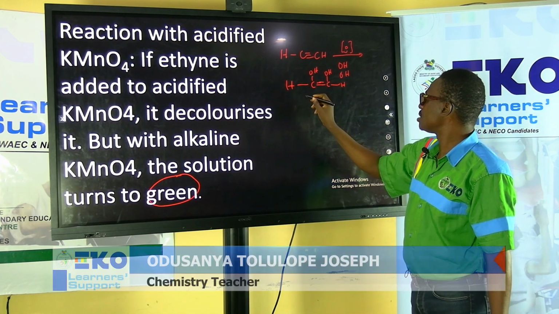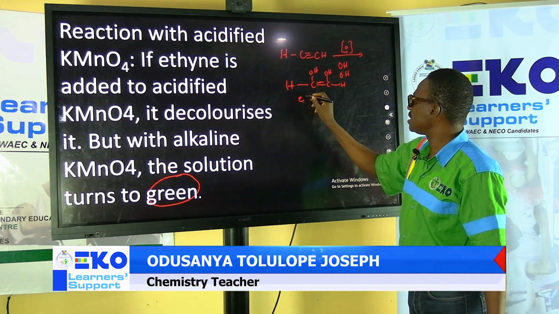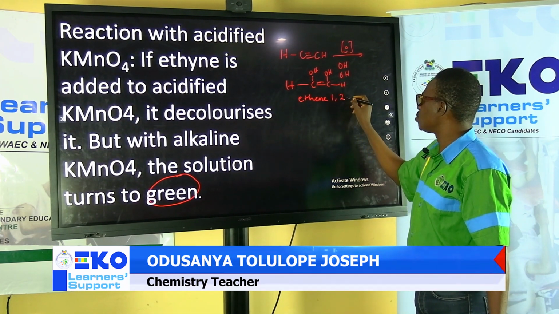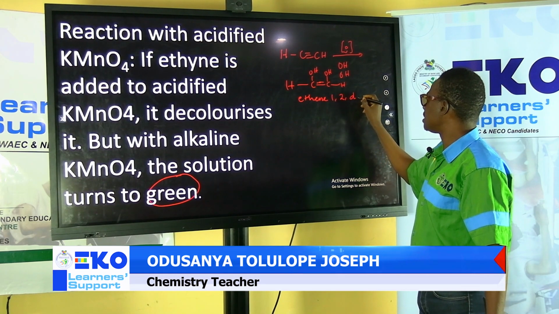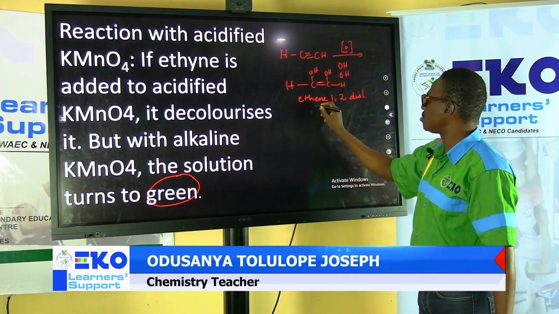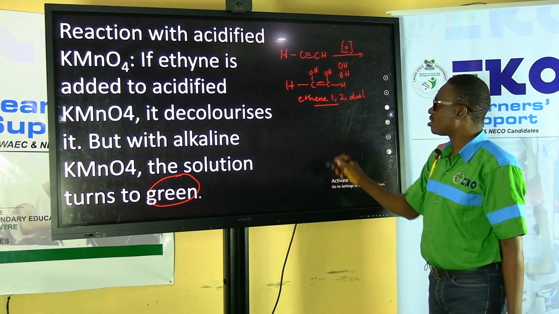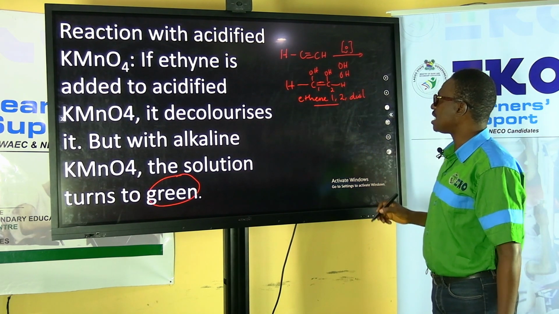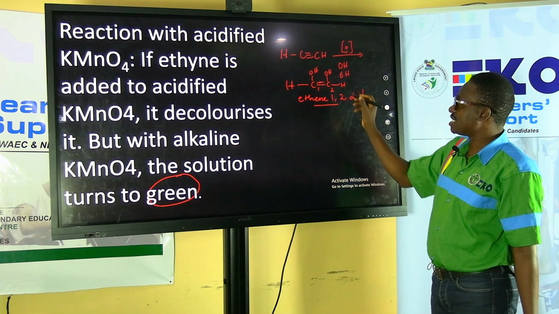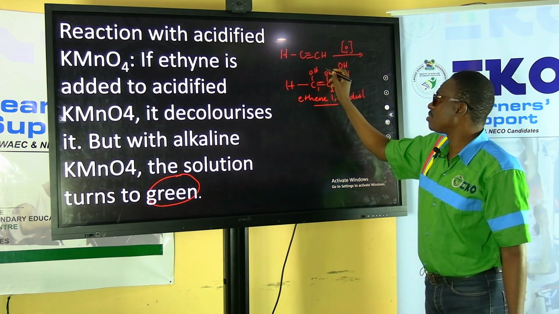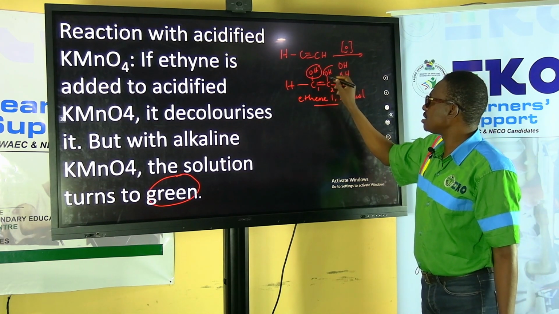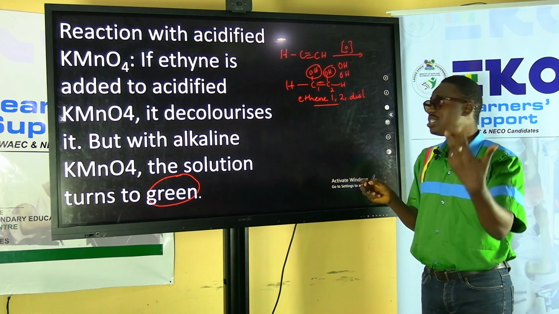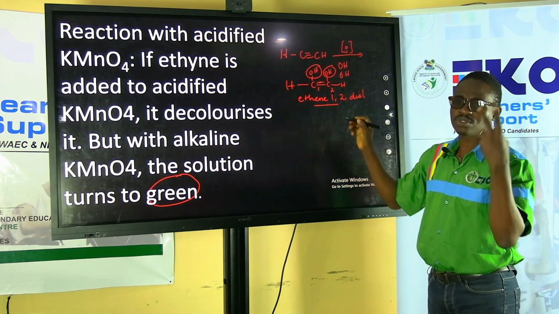The name is called ethene-1,2-diol, because of the double bond. What it has done is add OH and OH to the triple bond and turn it from a triple bond to a double bond.